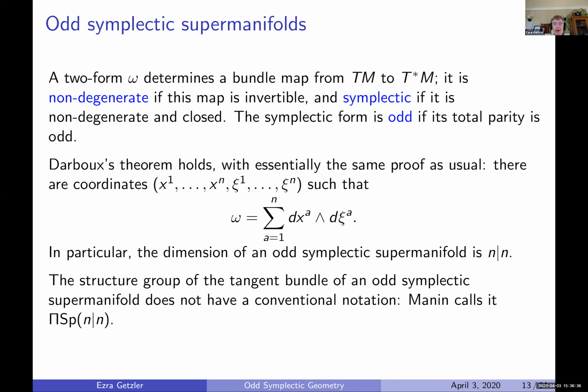Latus calls it periplectic, but as far as I can work out, that's largely in lecture notes of Stockholm University, and so that terminology doesn't have a very wide transmission. Manin, in his textbook on gauge theory, calls it pi SP, and I actually quite like that notation. The pi in supermanifold theory refers to exchanging the even and odd coordinates in a superspace. So anyway, for today's talk, I'll use Manin's notation, okay?